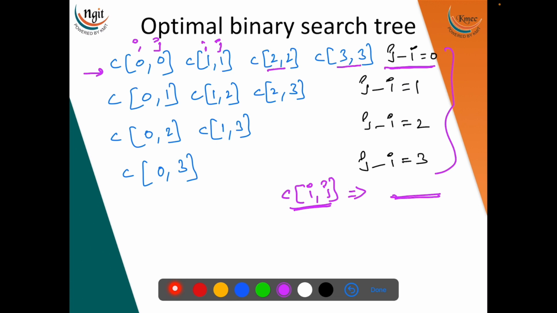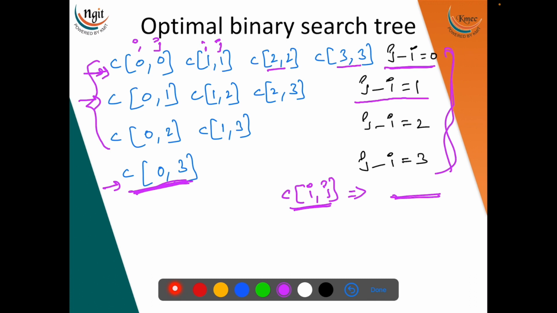For all j minus i values of 0, we'll calculate first. The cost of these will get evaluated first. Then we'll come down to those whose j minus i is equal to 1, and calculate for those. Last, you will calculate C of 0, 3. When you calculate this, all the terms which are higher than that are evaluated first, so it is easy for us to get the value of this. That is the reason why we segregated according to this logic.